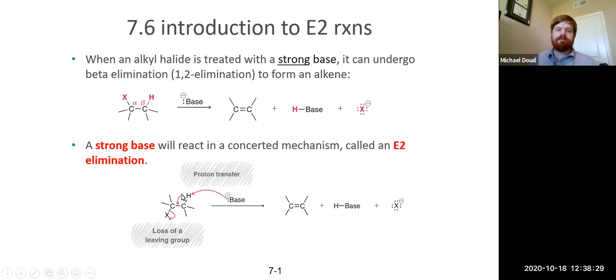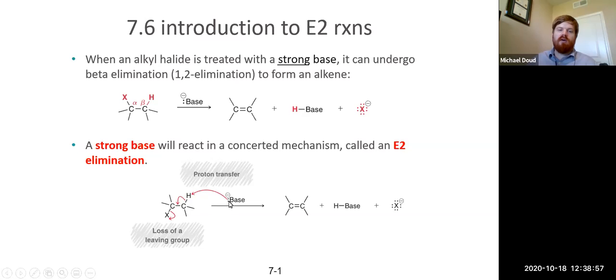Now, when that happens, rather than like in a normal proton transfer, where this carbon would be left with the lone pair, this lone pair is actually going to form a new pi bond between the alpha and the beta carbons. Now, that would break the octet rule for the neighboring carbon, but at the exact same time, the halogen that is on the alpha carbon is going to leave as a halide.